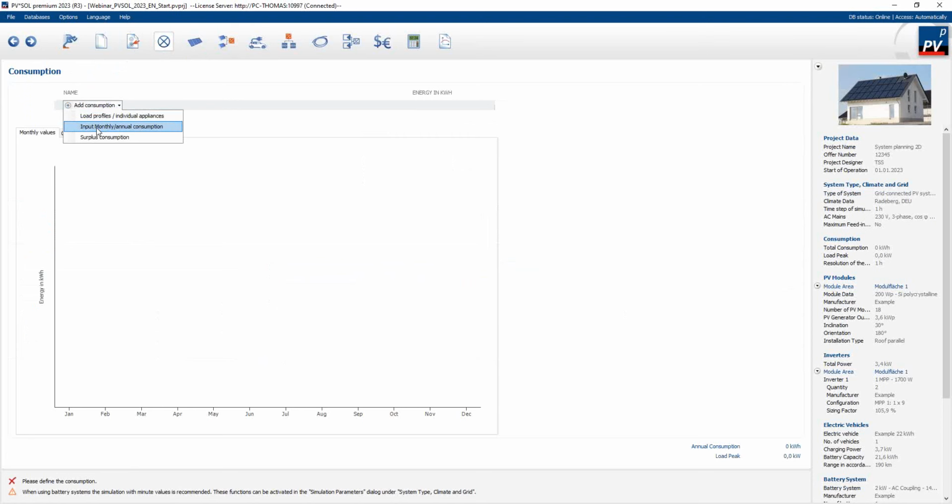Then you feed every energy which you produce into the grid, and then you can offset it against your demand, and you can normally use the same amount of energy to cover your demand like you fed into the grid. Another option is the load profiles and individual appliances, which we use now.